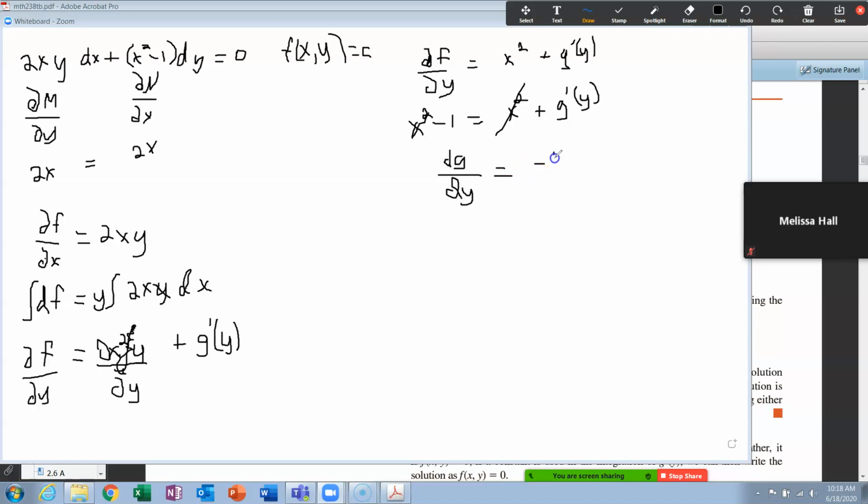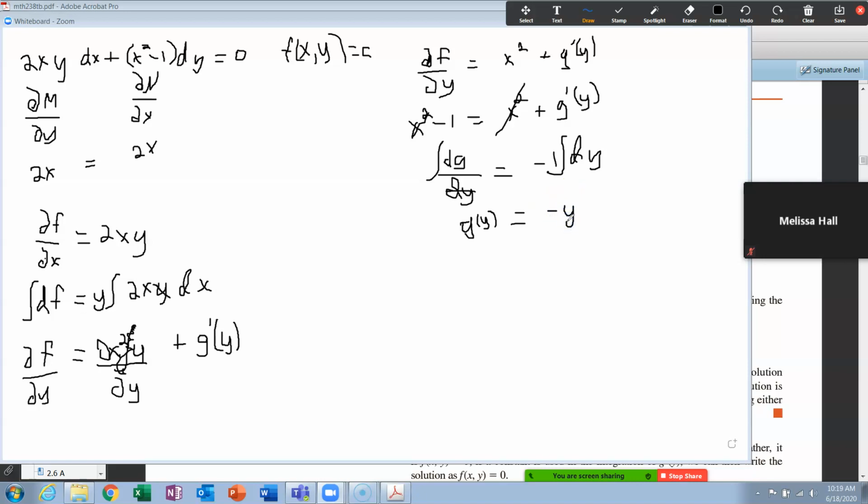That's all, folks. So write that in differential form and integrate both sides. And you have g of y, remember it's only a function of y, equal to, hopefully you see that, minus y.